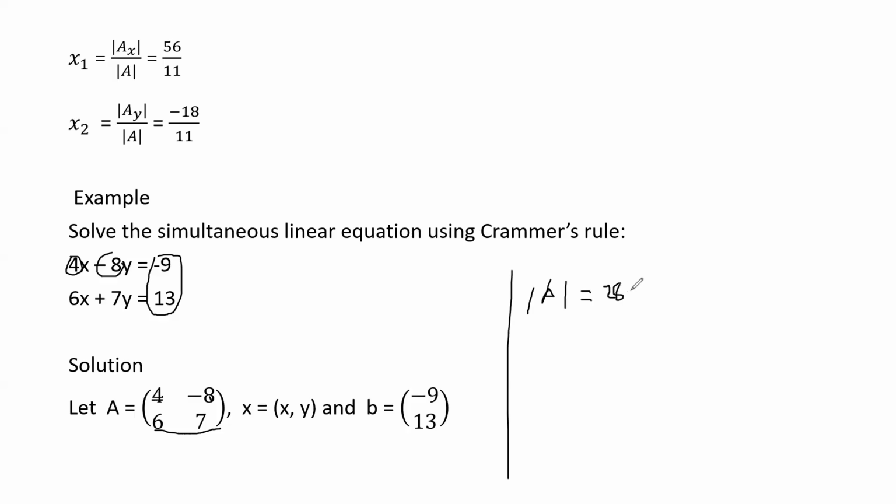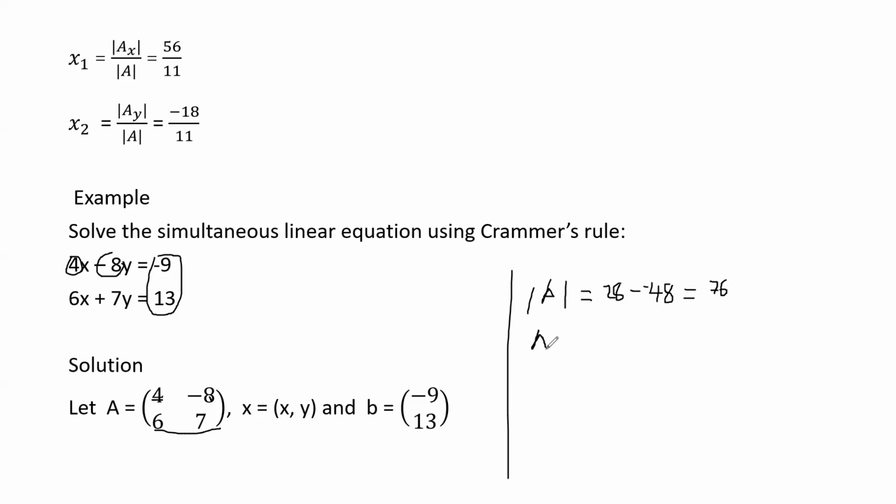Minus 4 times 7... minus 48. So what are you going to get there? 76. That's the determinant of A.